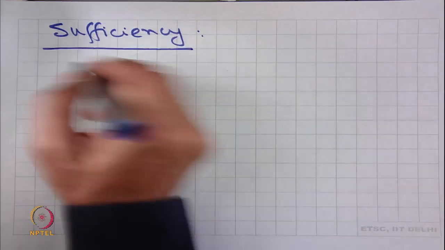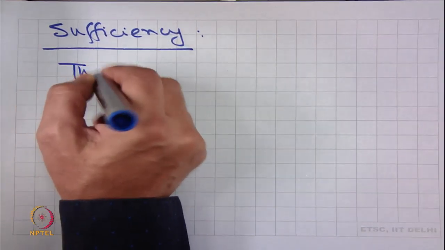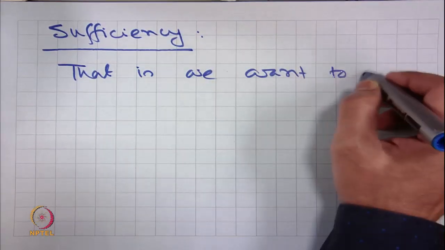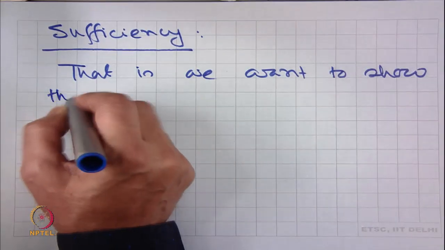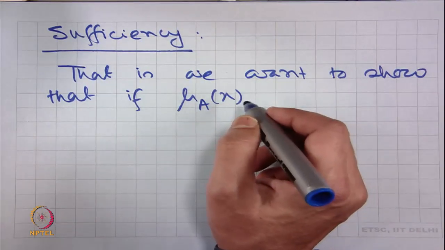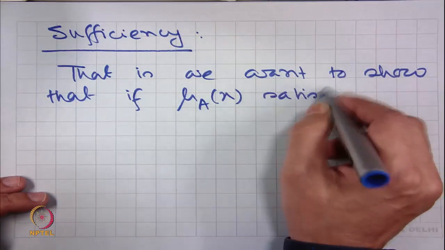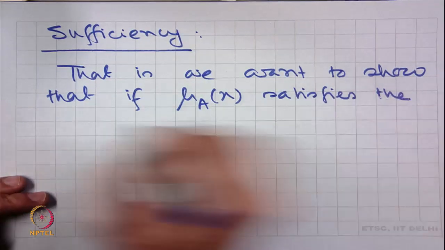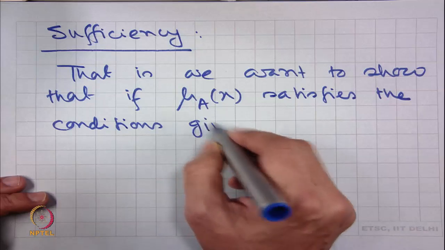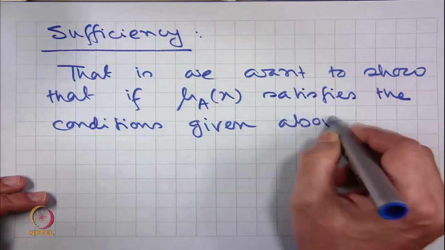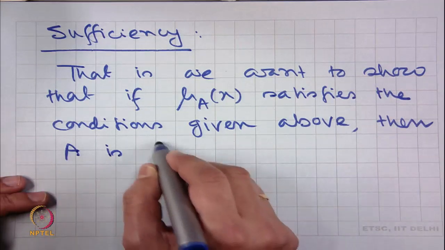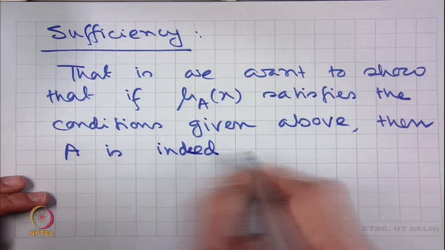That is, we want to show that if mu A x or the membership function of A satisfies the conditions given above, then A is indeed a fuzzy number.